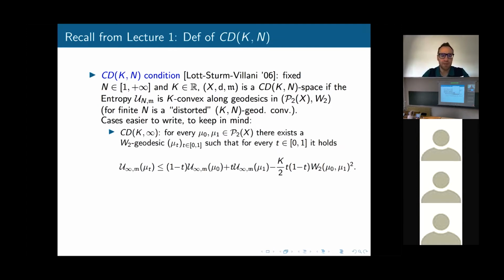Just to keep in mind, let me mention the two easy cases to write down, which are N equal to infinity, which means the CD(K,infinity) condition. This K-convexity means that for any couple of probability measures mu0 and mu1 with finite second moment, there exists a W2 geodesic mu_t joining mu0 to mu1, such that for every time t, the Shannon entropy at mu_t is bounded above by (1-t) times the entropy at the initial point, plus t times the entropy at the final point, minus this kind of modulus of convexity.